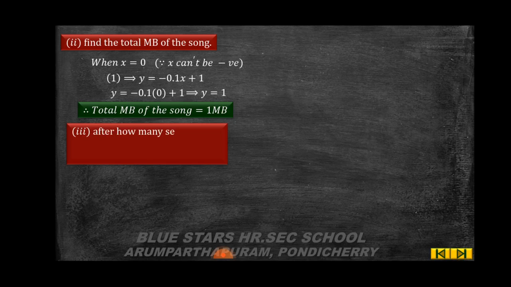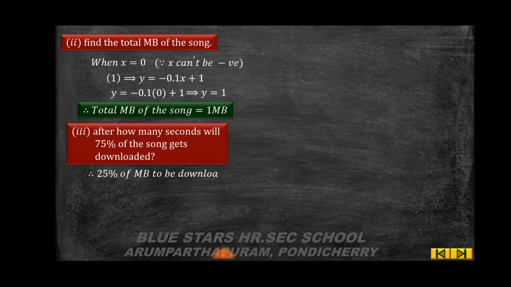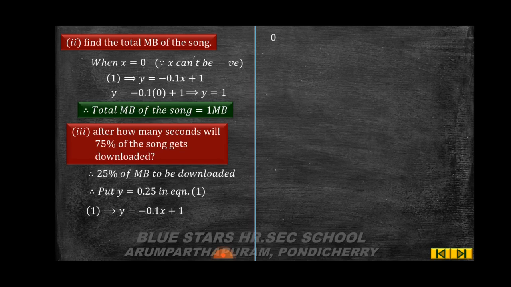Then third subdivision, after how many seconds will 75% of the song get downloaded? So 25% of MB is remaining to be downloaded, so y is equal to 0.25 in equation 1. So from equation 1, y is equal to minus 0.1x plus 1. So substitute the value of y is equal to 0.25 in equation 1.